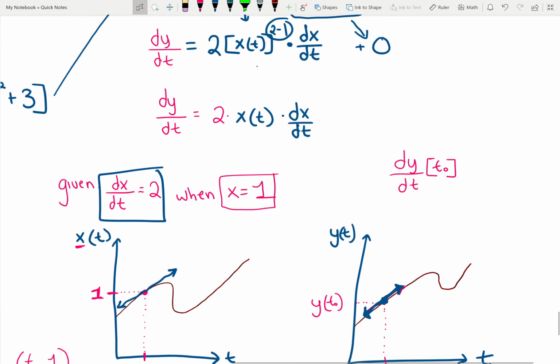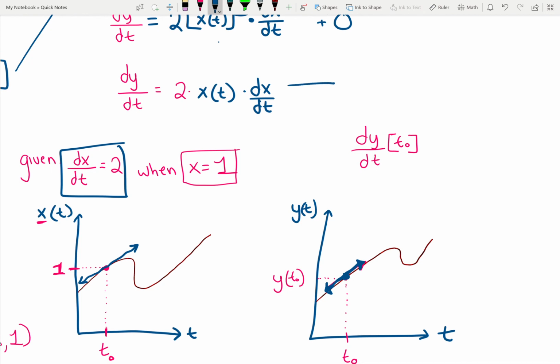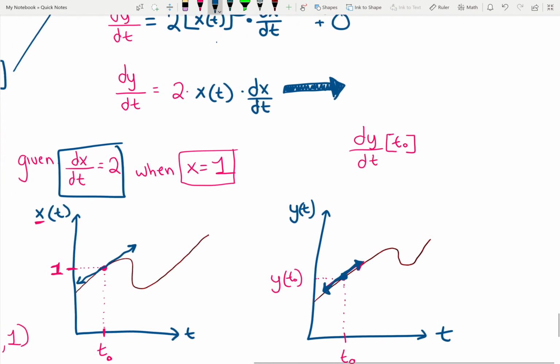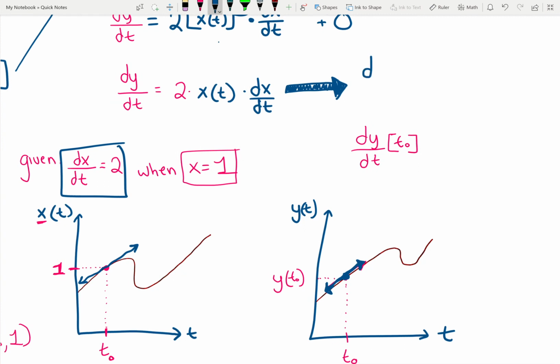So let's go ahead using the information that we now know. We can rewrite what's given. Of course, you don't have to write all these steps out when you're doing the actual question. I'm just trying to give you an in-depth look at what's happening. So I'm trying to find dy/dt at t naught, which equals 2 times x.